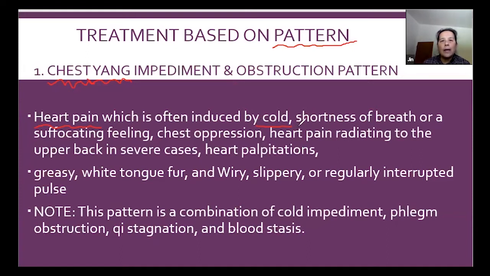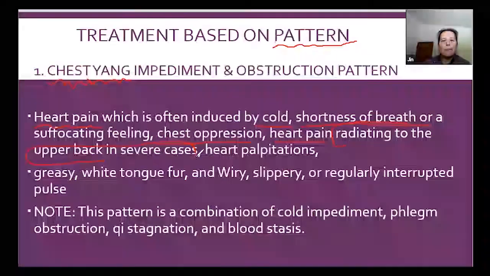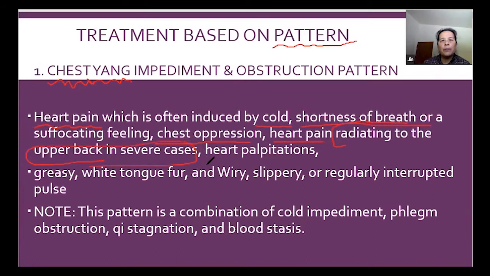Other symptoms include qi deficiency, shortness of breath, chest pressure, and heart pain. This heart pain can radiate to the upper back in some severe cases, and there could be heart palpitations.